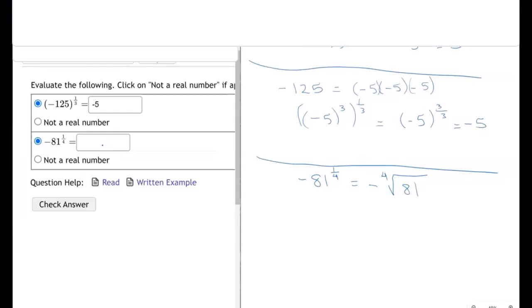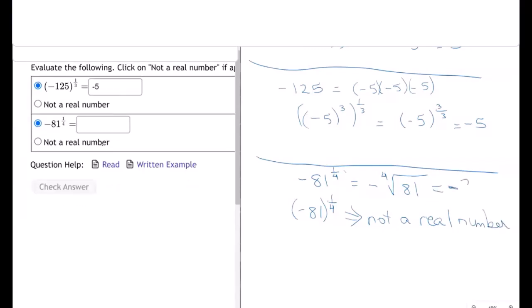The negative is on the outside because the exponent is only dealing with the 81. If this was in parentheses, that is not a real number. The even root of a negative number is not a real number. But this is equal to -3.